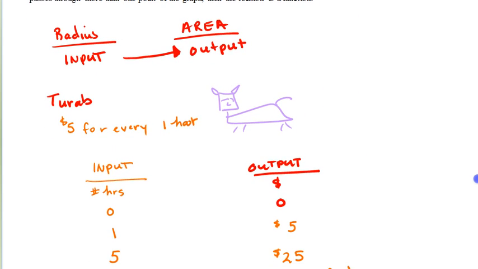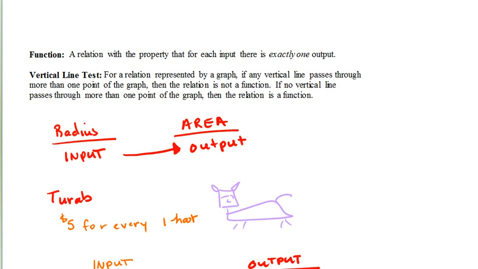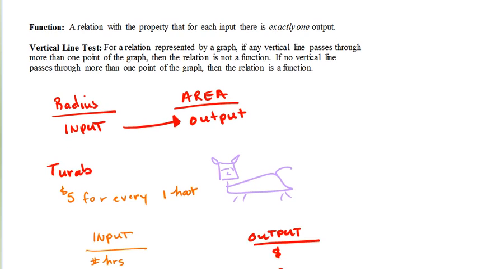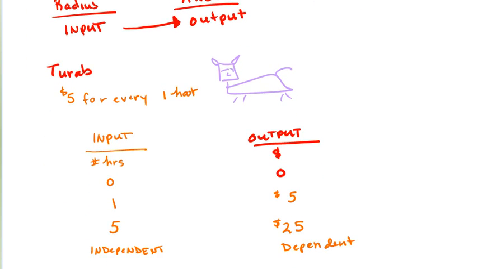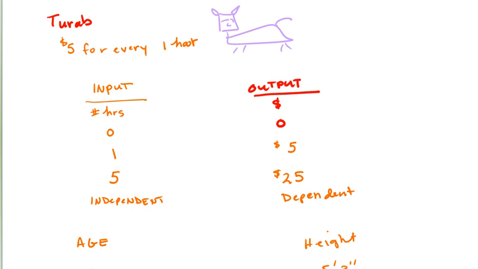Now, what makes them a function? A relation with the property that for each input there is exactly one output is what we consider to be a function. So let's see if this is true of Turab's babysitting. For every input, we can map it to exactly one output.